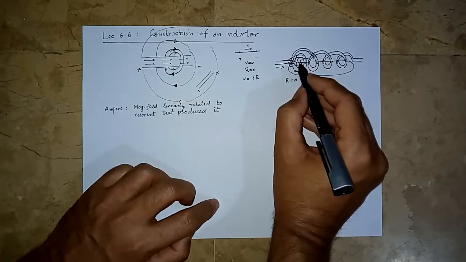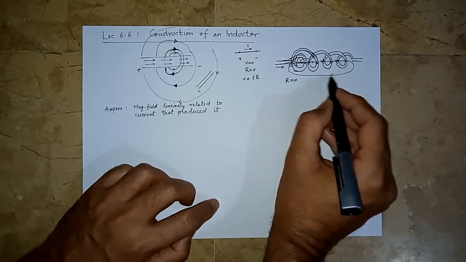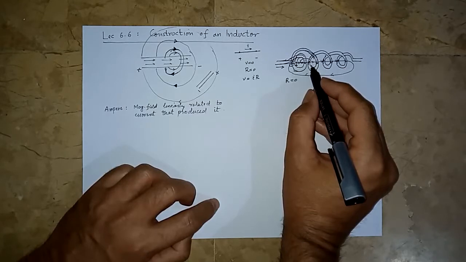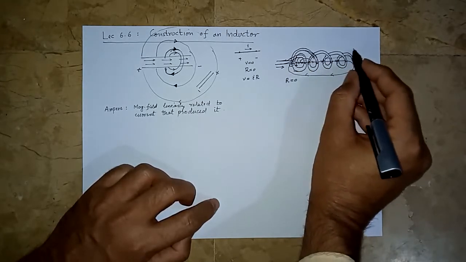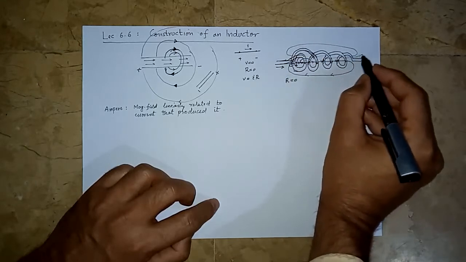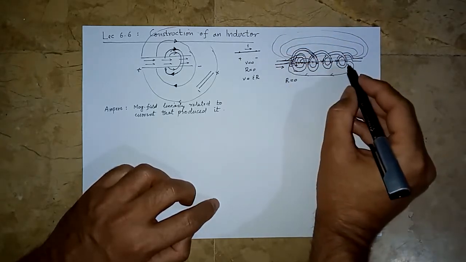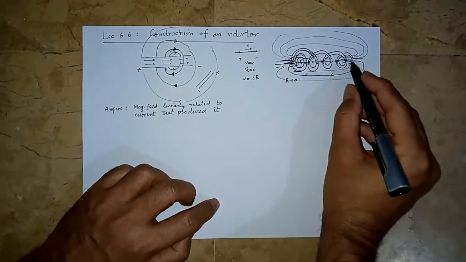So here it's going downward, inside the coil, inside the coil, inside the coil, and here it is coming outside, and then all the lines of forces, field lines, basically close upon themselves. And similarly, we are going to have lines of forces like this.